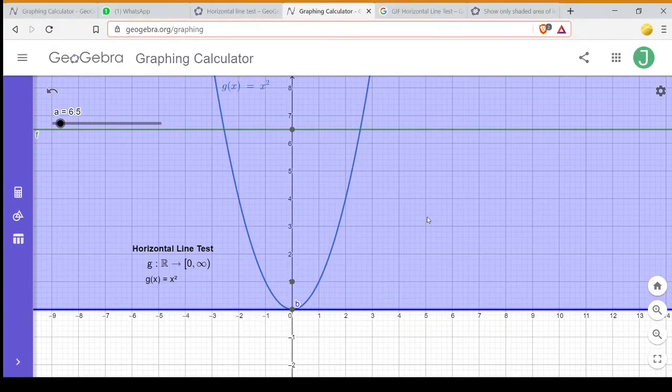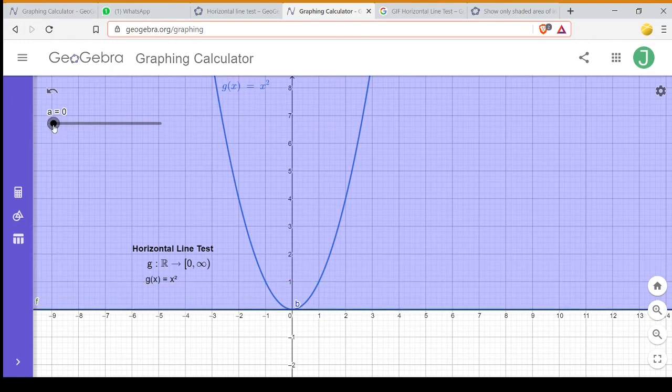Going forward, let's consider the same function, but with another domain. The domain is going to be R itself, and the codomain is going to be the closed interval [0, infinity). In this case, since your codomain is [0, infinity), you start moving your horizontal line only from 0.